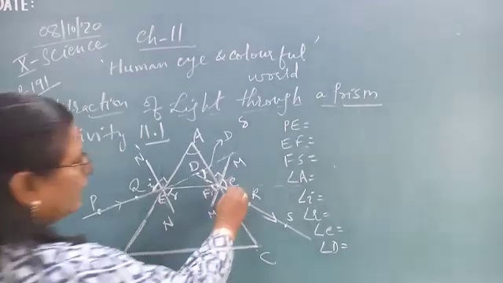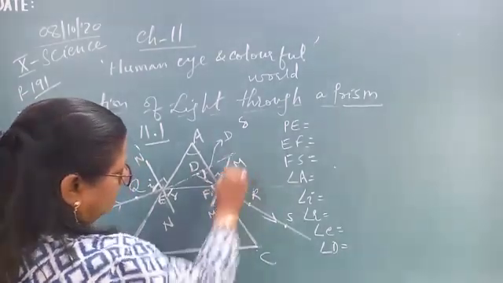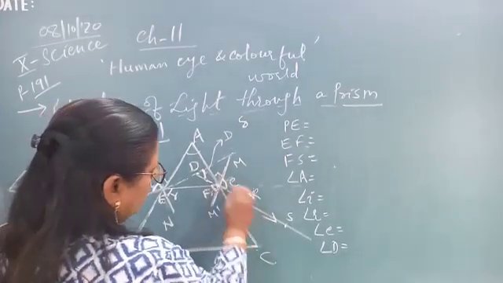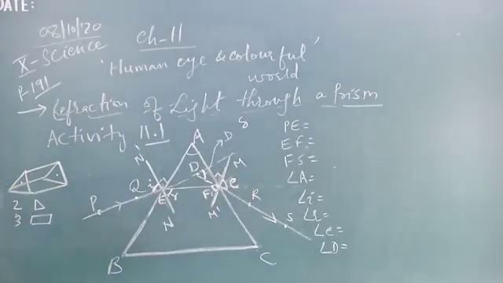The angle formed outside, at MFR, is denoted by e, and is called the angle of emergence. Is it clear? So discuss the refraction of light through the prism and try to find the relation between the angles I, r, e, A and D.